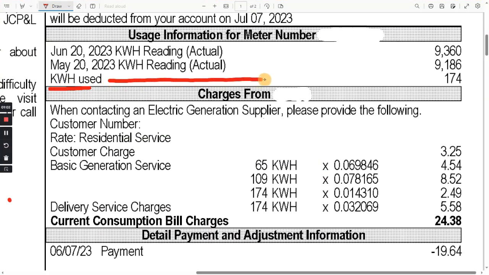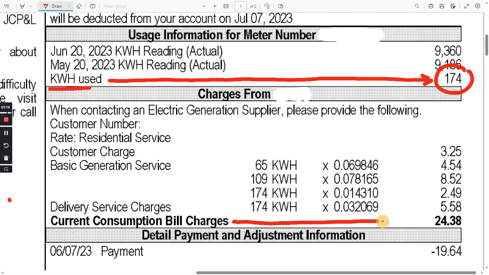So if I trace this across, this person used 174 kilowatt hours, and the price of 174 kilowatt hours is right here in boldface. That is $24.38. Okay, so it costs this much to use 174 kilowatt hours.